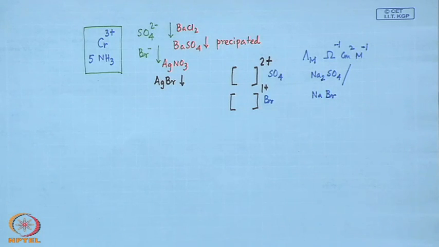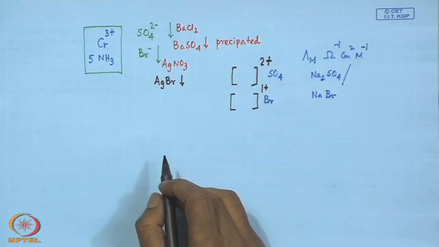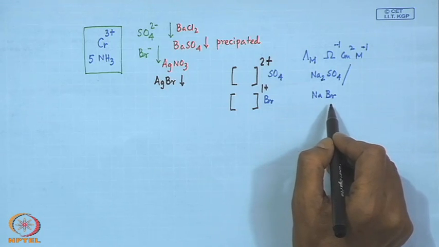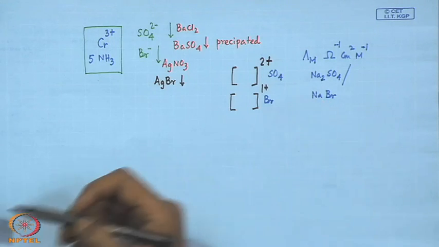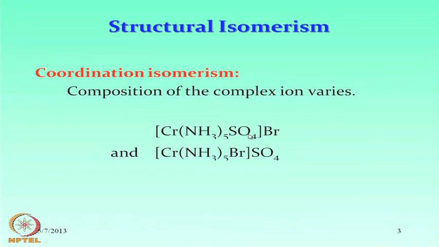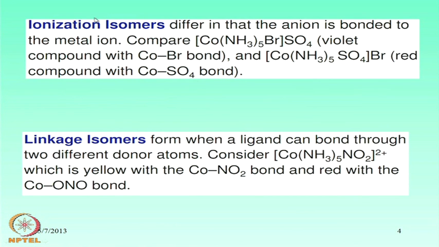So, solution electrical conductivity can differentiate, and other physical properties related to the presence of a sodium sulphate type of salt or a sodium bromide type of salt can distinguish these two compounds nicely. So, we can establish that some coordination isomerism can take place, though the entire composition of the salts would be the same. So, ionization isomers are also possible, which differ in which anion is bonded to the metal ion.